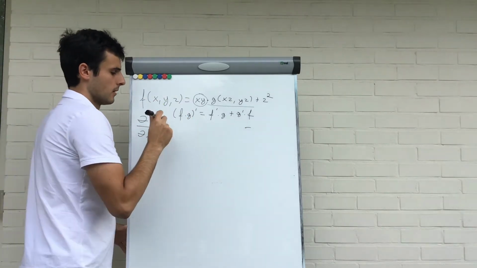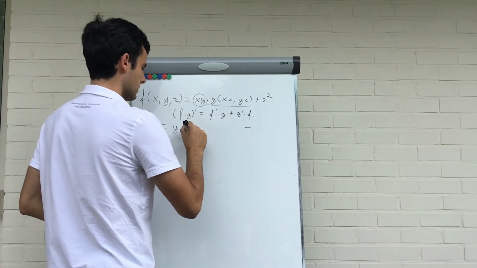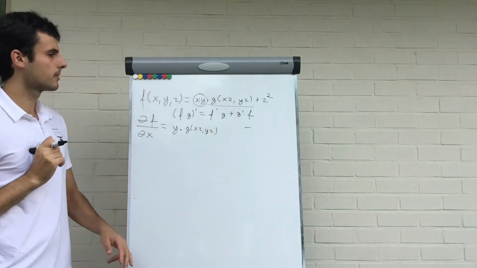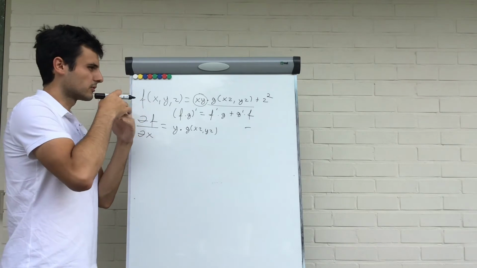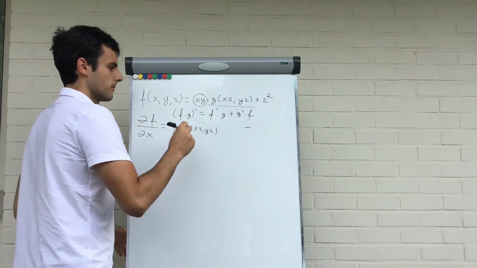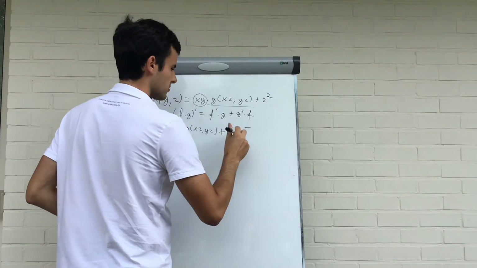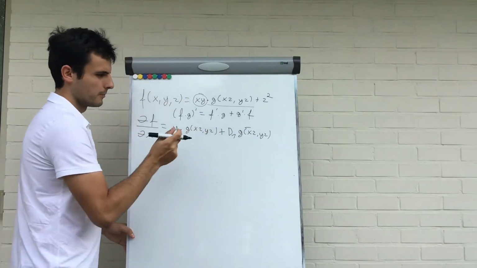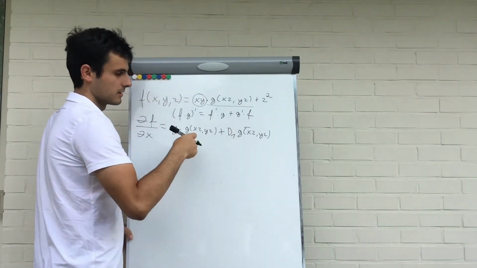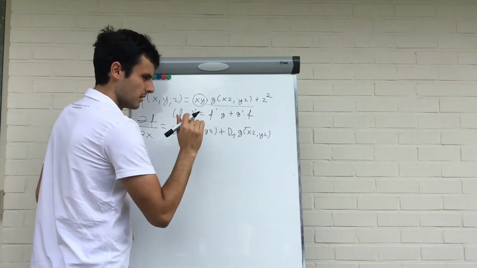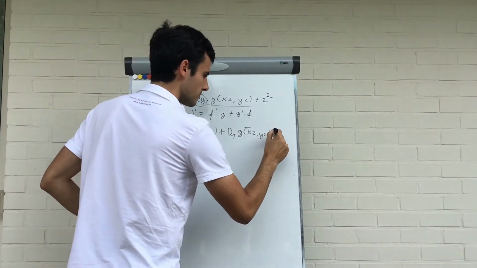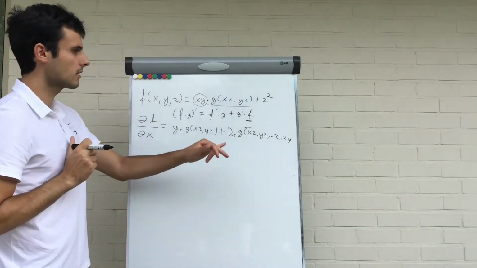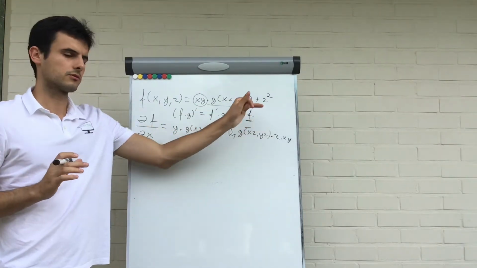So we get y multiplied with g, and then we see there's only an x in the first part of g, so we need to take the first partial derivative. So we get plus d1, the first partial derivative of g x z, y z. Chain rule, because here we need to take the derivative of x z, x is our variable, so multiplied with z and multiplied with x y, because x y is f. Z to the power of 2 disappears because this is a constant.